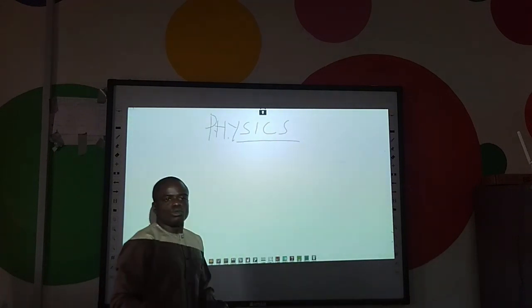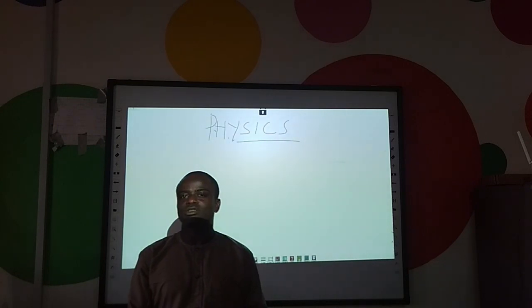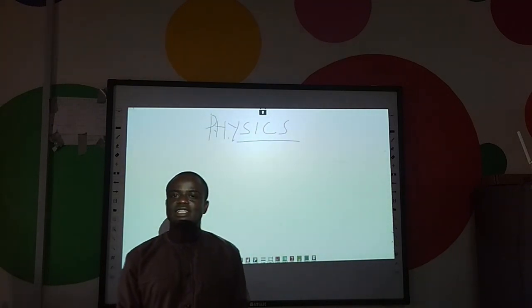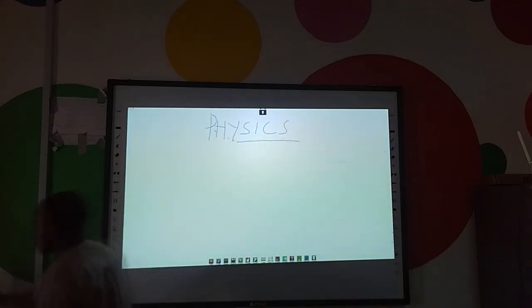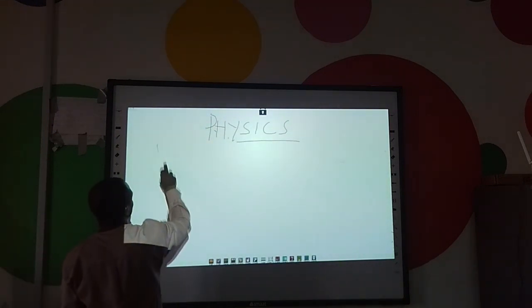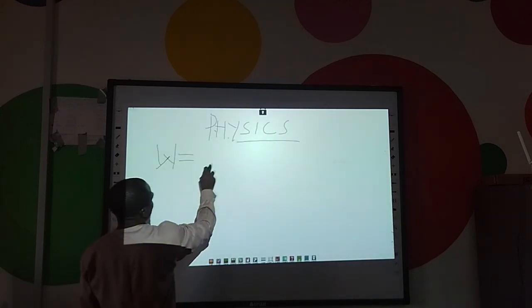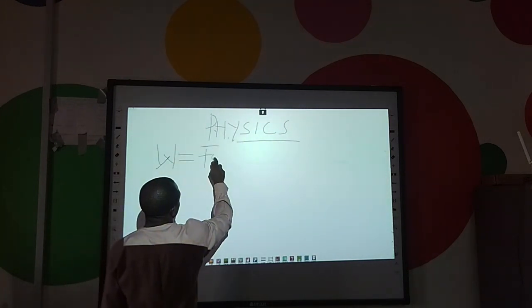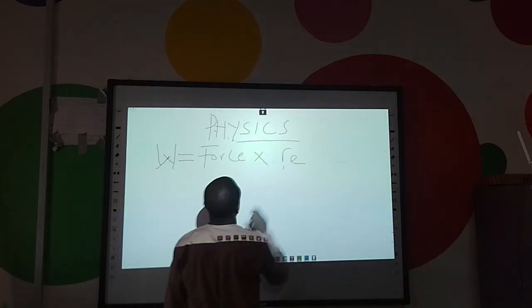Now, you notice that the satellite revolves around, and when there is motion, there is kinetic energy. We will now go back to the formula for work. We are trying to derive the escape velocity at which the satellite moves away from where it's been placed. Work equals force times the radius of the Earth.